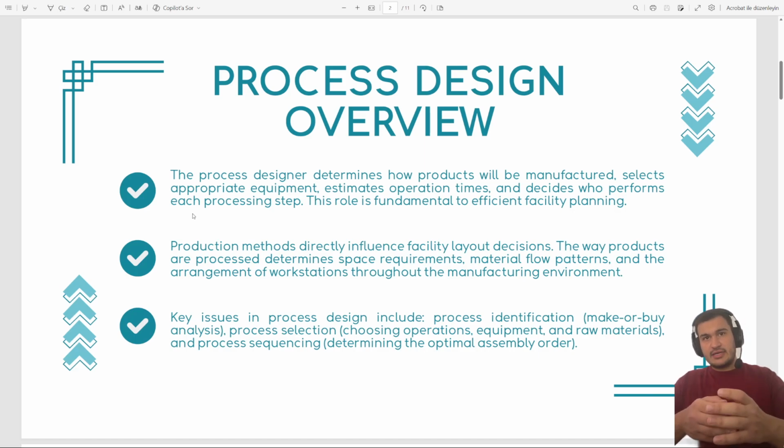Finally, along with every previous part, we are producing a route sheet document to visualize all of the tools we use: assembly charts, precedence diagrams, operation process charts, and so on.